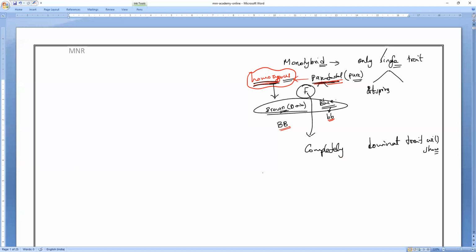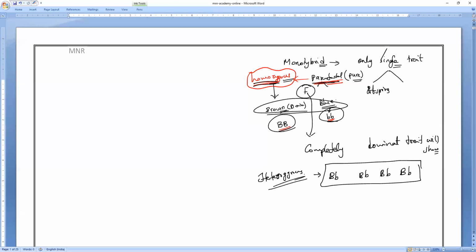And the entire F1 is heterozygous. That is a very important thing. So what heterozygous will we get? Capital B small b, capital B small b, capital B small b, capital B small b. So the entire F1 generation has heterozygous genotype, and all the babies have only brown eyes.